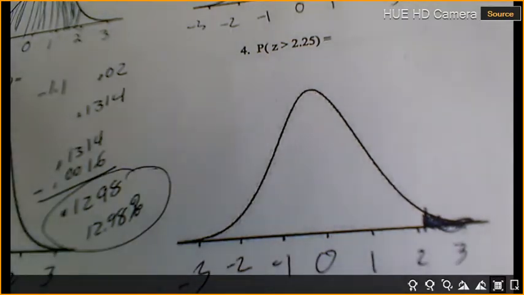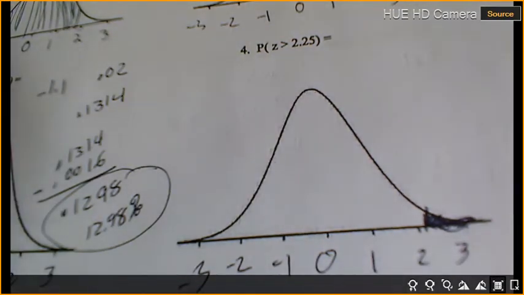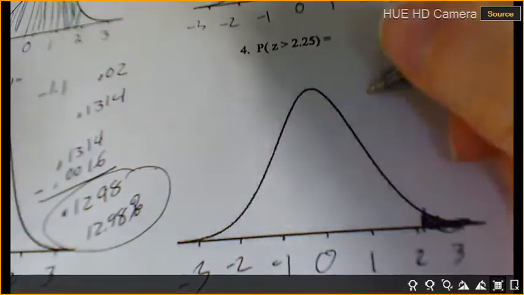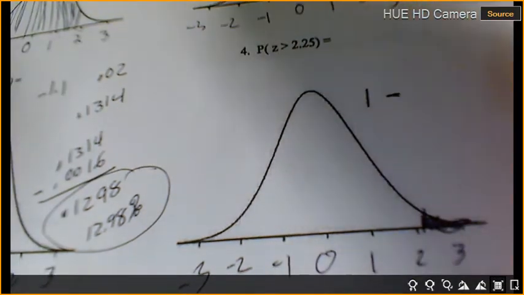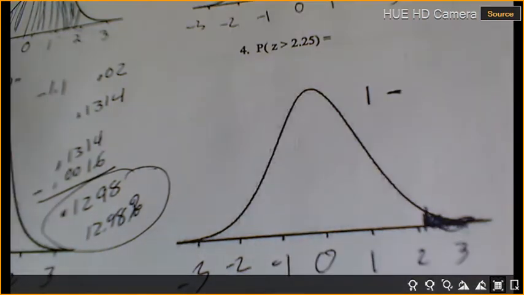Now you're going to look it up on your chart. Look up 2.25 on your chart. So 2.2, 0.05. And then remember, whatever answer you have, you have to subtract it from 1 if we want it on this side of the graph. What do you guys get? Go to 2.2.